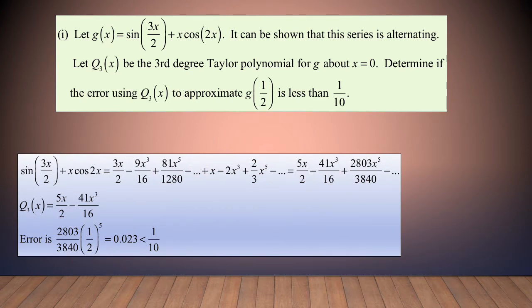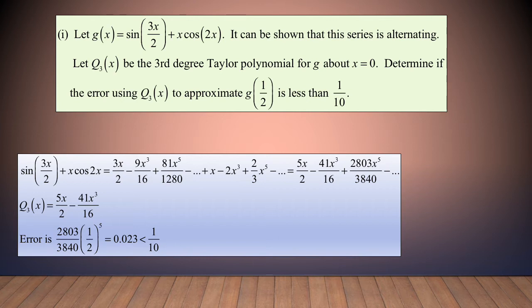We first find the expression representing sine of 3x over 2 plus x cosine of 2x. Using the previous analysis, we have 3x over 2 minus 9x to the third over 16 plus 81x to the fifth over 1280, plus x minus 2x to the third plus 2/3 x to the fifth.